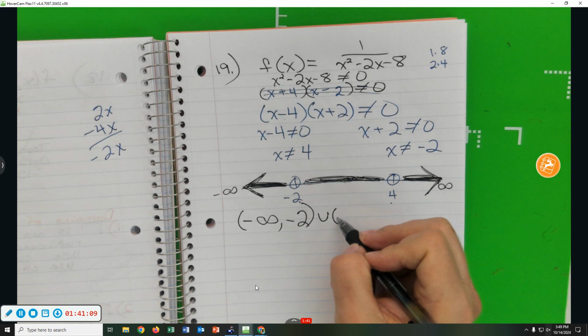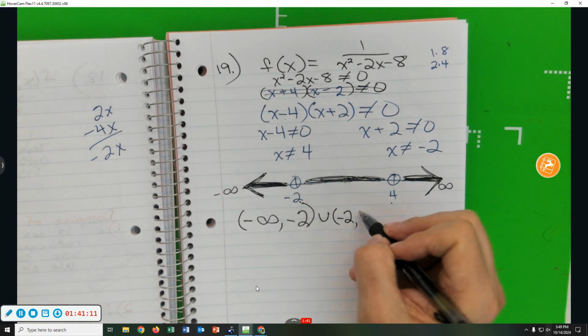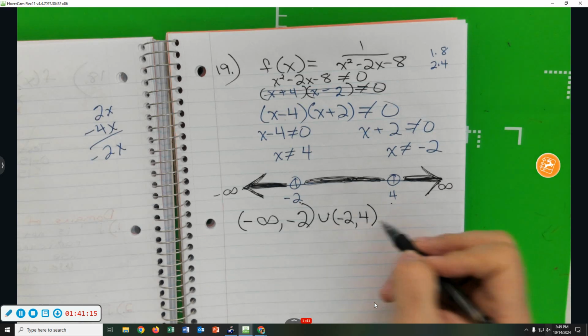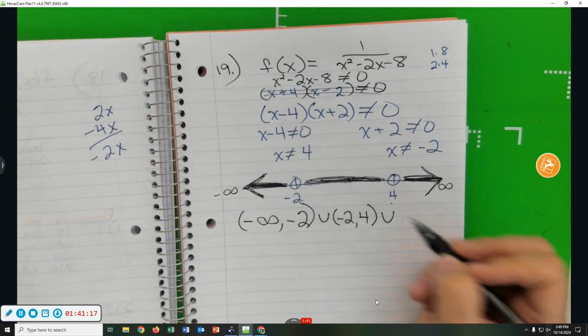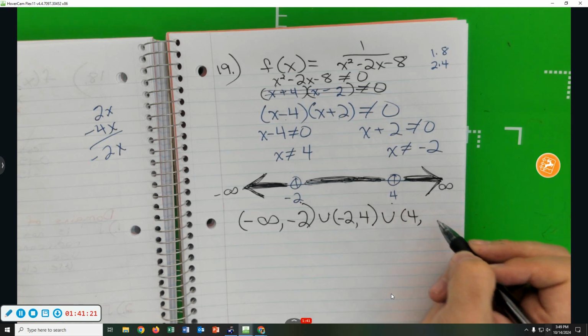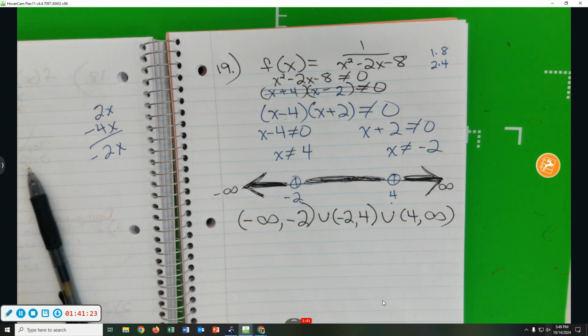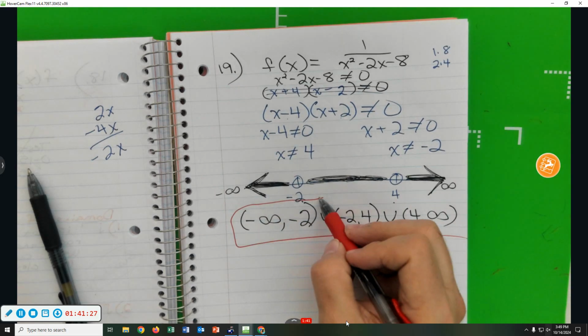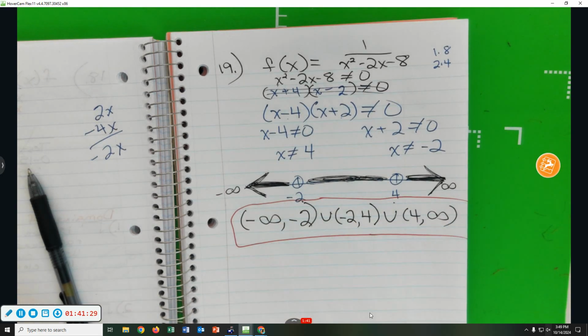Negative 2, comma 4, parentheses. And all numbers greater than 4. I think that this one we're going to have to type in. All numbers except negative 2 and positive 4.